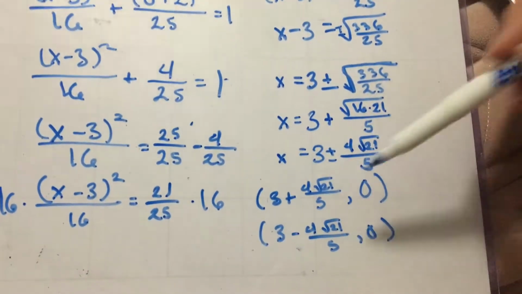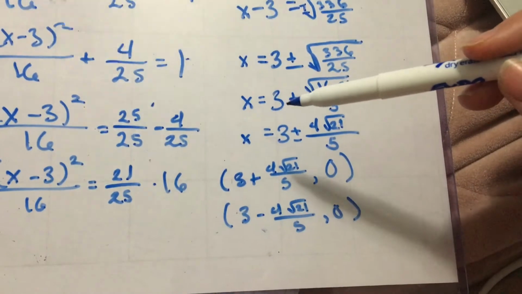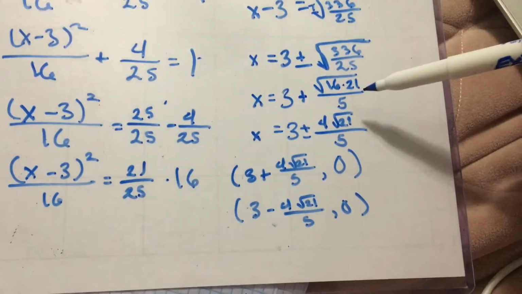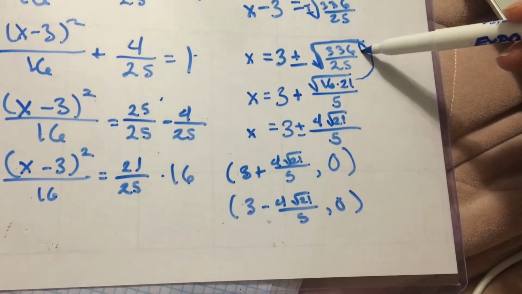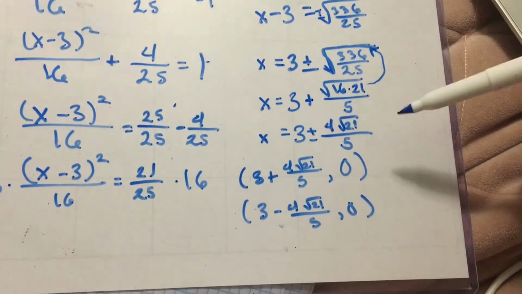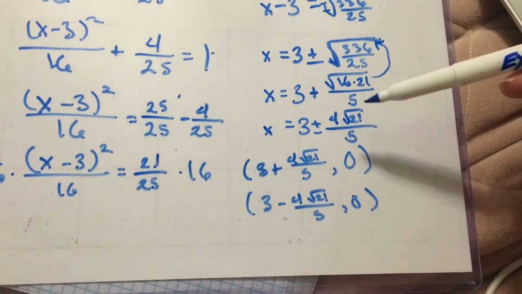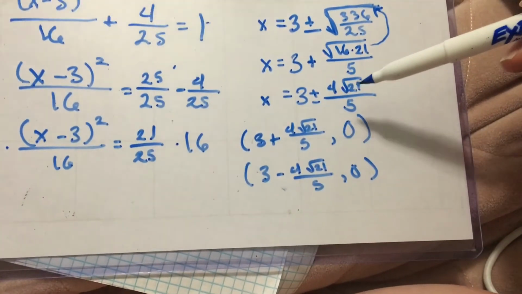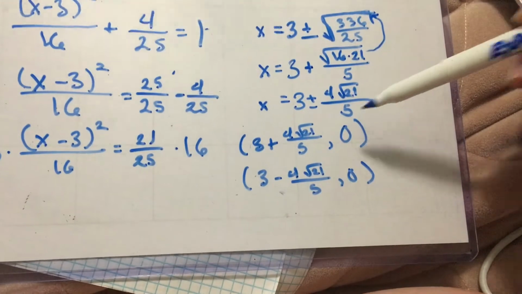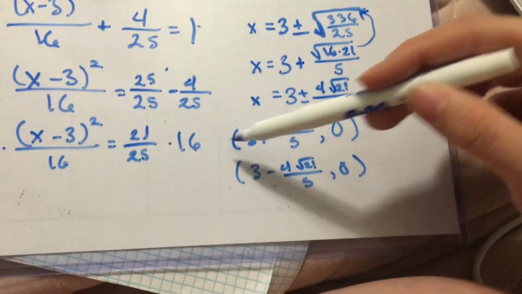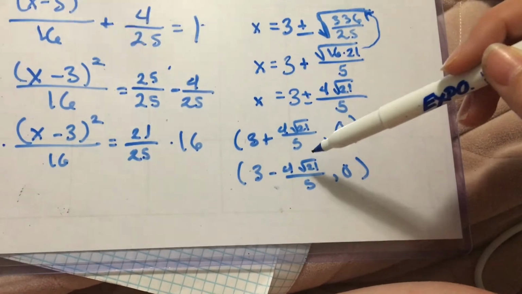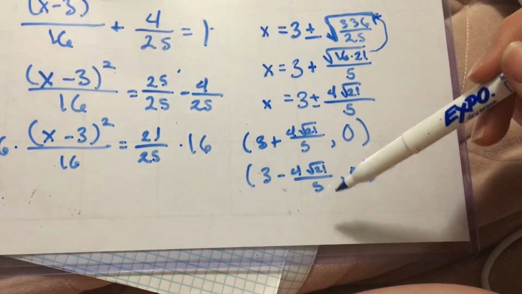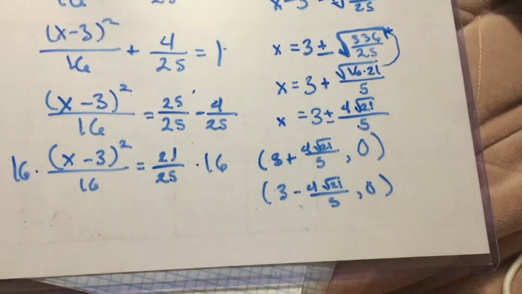We can simplify that by going 16 times 21, which equals 336. The square root of 16 is 4, and the square root of 25 is 5, so we get the square root of 21 over 5. So this is our final answer: 3 plus 4 square root of 21 over 5, 0, and also 3 minus 4 square root of 21 over 5, 0.